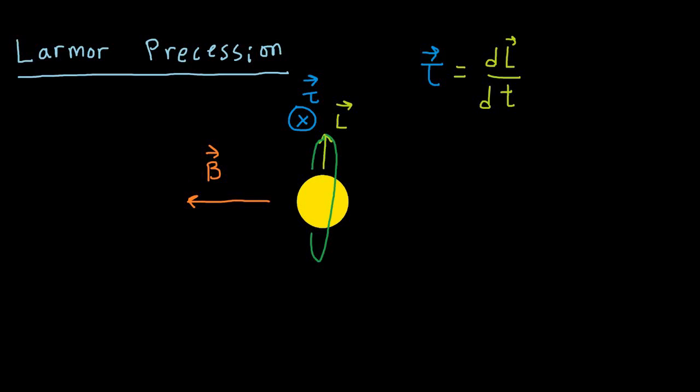That's Larmor precession. So that's really my main point for this part of the video, that if you place a spinning particle in an external magnetic field, the direction along which it's spinning will precess in a circle around the magnetic field. But actually, I want to take this opportunity to just mention that this is not the full story.